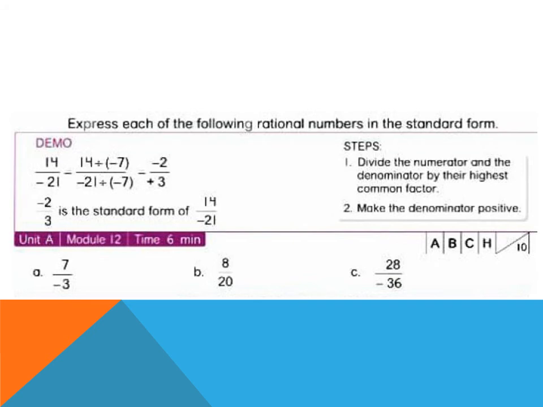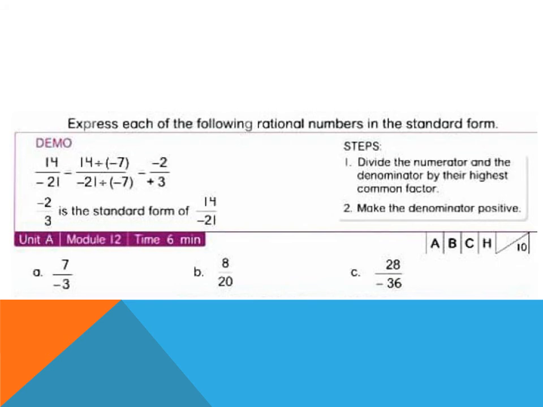Now, module number 12. Express each of the following rational numbers in the standard form. Now, what is the standard form? Standard form is the simplest form. That is, in fractions you have done the simplest form. You do the LCM, cut out the common factors and find the simplest form of the fraction.